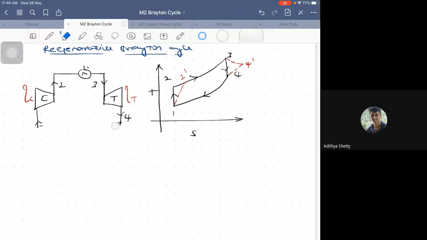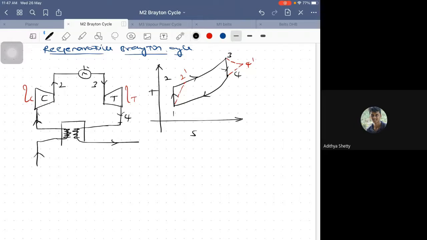to 1 directly. Rather, the outlet of the gas was there, no? There the regenerator will come into the picture. Just a minute. So this is the incoming gas. This incoming gas will exchange heat with the outgoing gas like this. So this is the outgoing gas. These two, incoming gas and outgoing gas, would exchange heat in a heat exchanger.